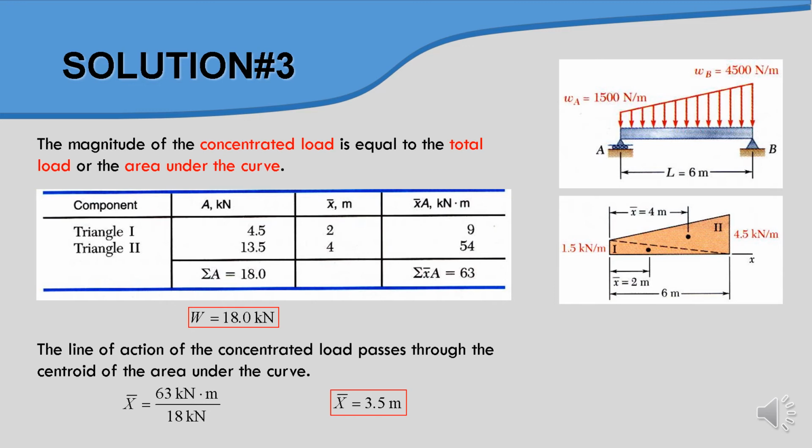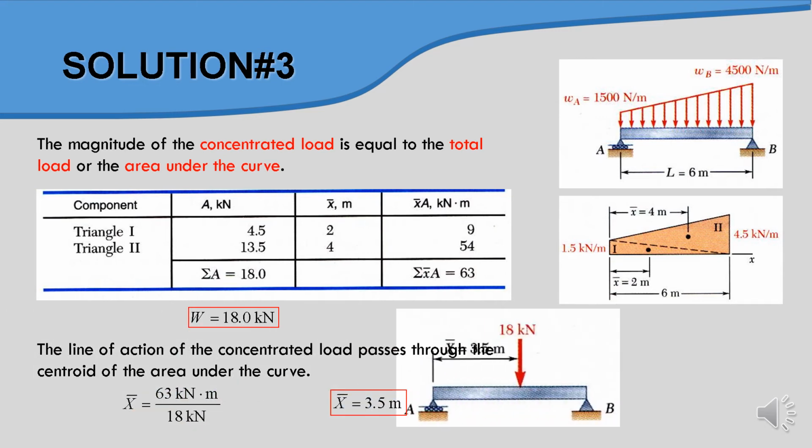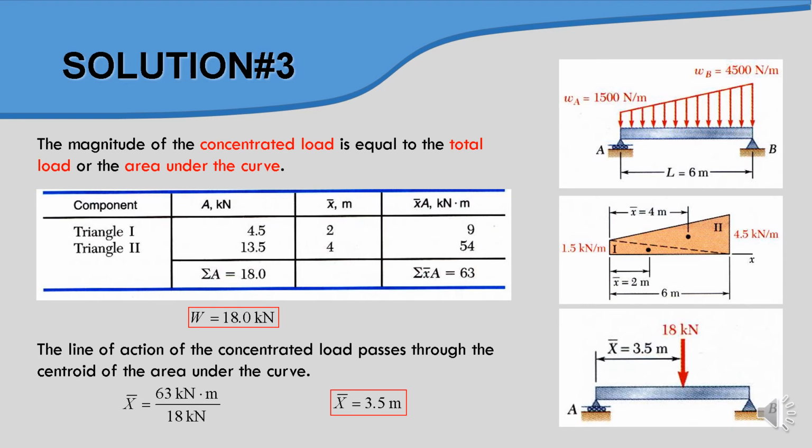So we get x bar is 3.5 meter. Once we have the concentrated load of 18 and the position of x bar at 3.5, we can redraw the new diagram like this. The x bar is located at 3.5 meter from point A.